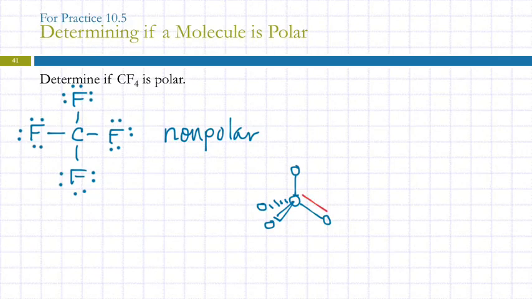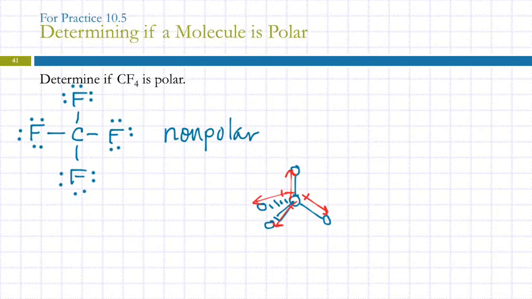Fluorine. So these polar bonds are vectors pointing towards the fluorines. It can be a little hard to visualize, but that carbon has 4 vectors pulling on it. They are equally spaced in 3-dimensional space, and they are equal in strength.